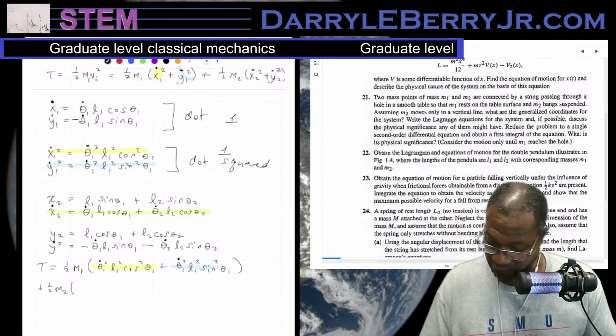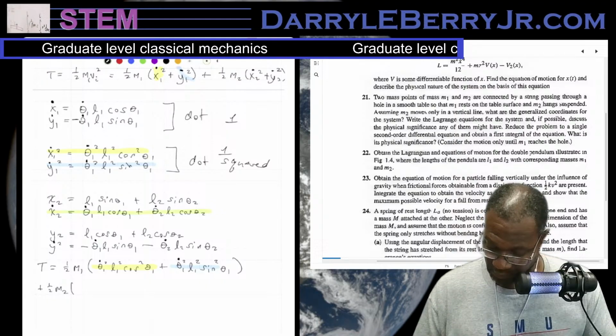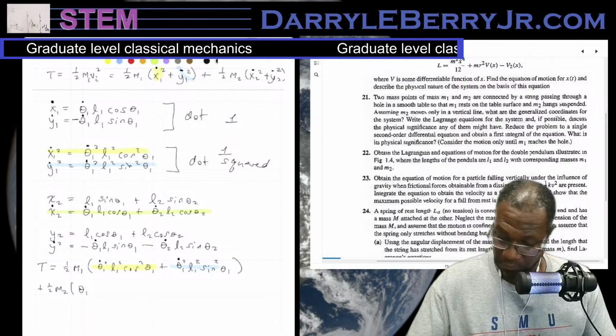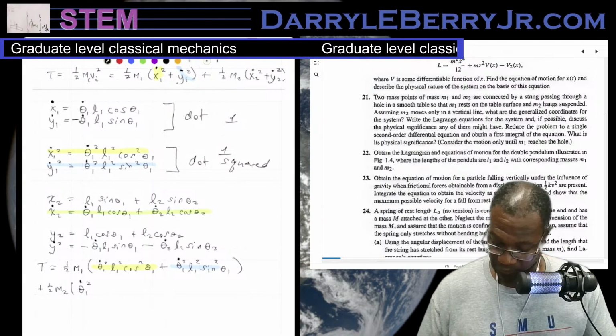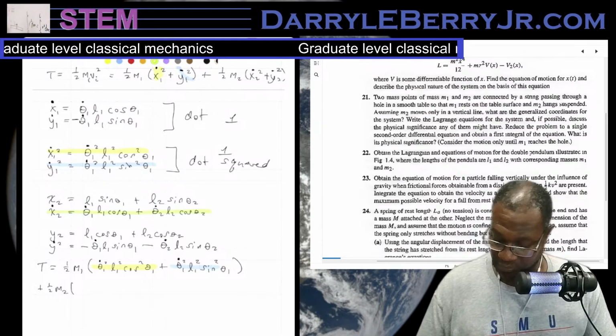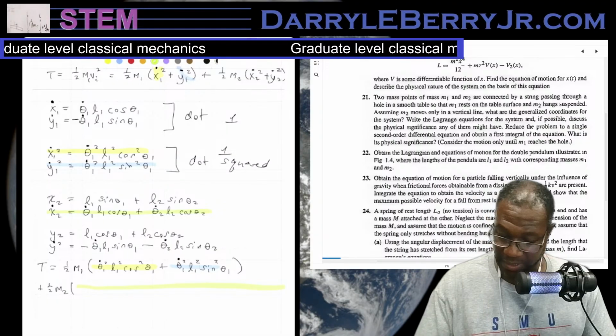So I'm going to have theta 1 dot squared L1 squared. I think I need to write smaller to give myself more room, so I'm going to write this over this whole line.